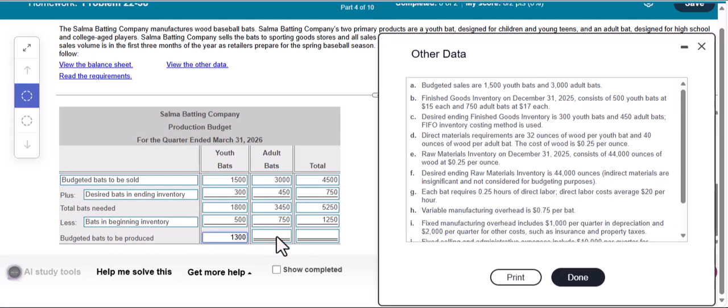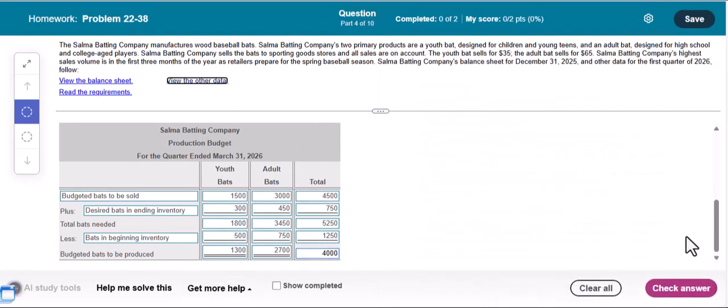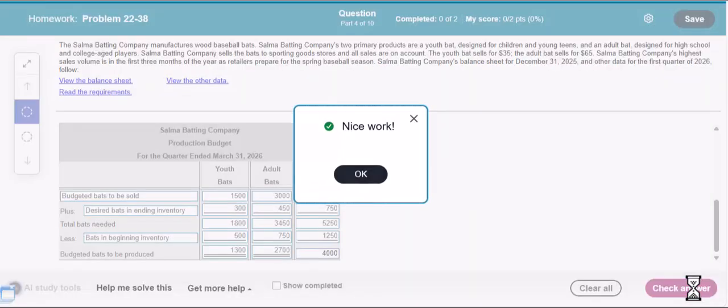And that's going to give us a total of 2,700 budgeted bats to be produced. And then we have our total budgeted bats to be produced. So that's that 1,300 plus the 2,700, which is going to give us a total of 4,000 budgeted bats to be produced there. And that concludes here the production budget. So let's go ahead and check our answer. Nice work.